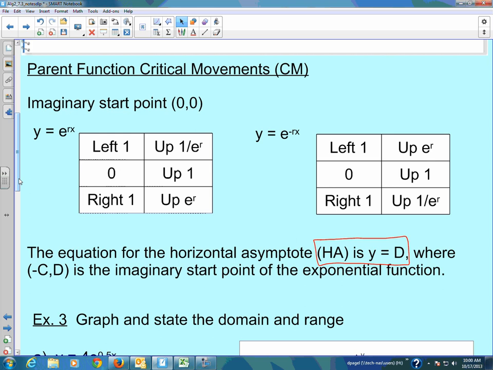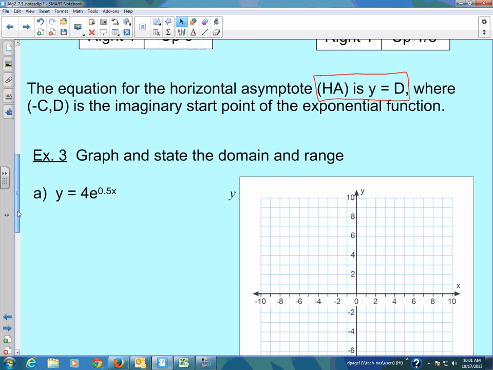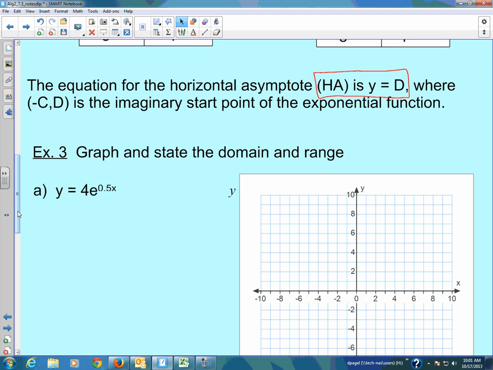It's going up or down, whatever the value of d is. So we want to include those horizontal asymptotes in the discussion or in the graphs of these functions. In terms of domain and range, the domain is still all reals, and the range is going to be either greater than my horizontal asymptote value, or if I've reflected vertically, I would be less than that horizontal asymptote value. So let's try a couple functions and see what we get here.